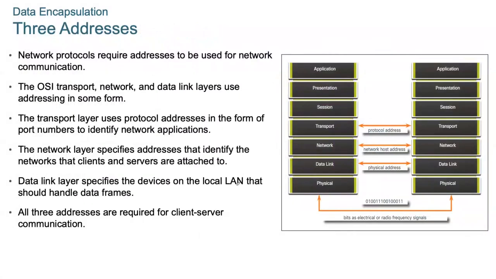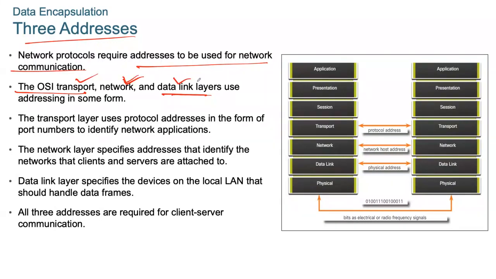Okay, so in this data encapsulation, the three addresses are the most important. The network layer protocol requires addresses to be used for network communication. Which layers are those? In the OSI model, the transport layer, network layer, and data link layer.